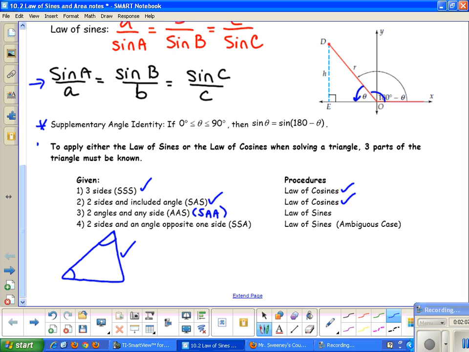I could actually, if I wanted to, use the triangle sum theorem to figure out what this angle is if I have two angles, and then I could go ahead and use the law of sines to figure out the rest. So we'll talk about that. And also, if I am given side, side, angle, you're going to use the law of sines, and this is what we call the ambiguous case, and we'll talk about what that means in a little bit.